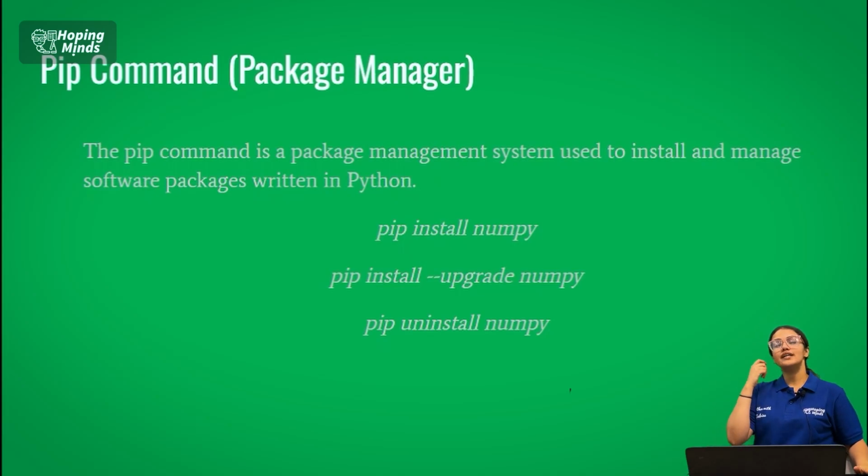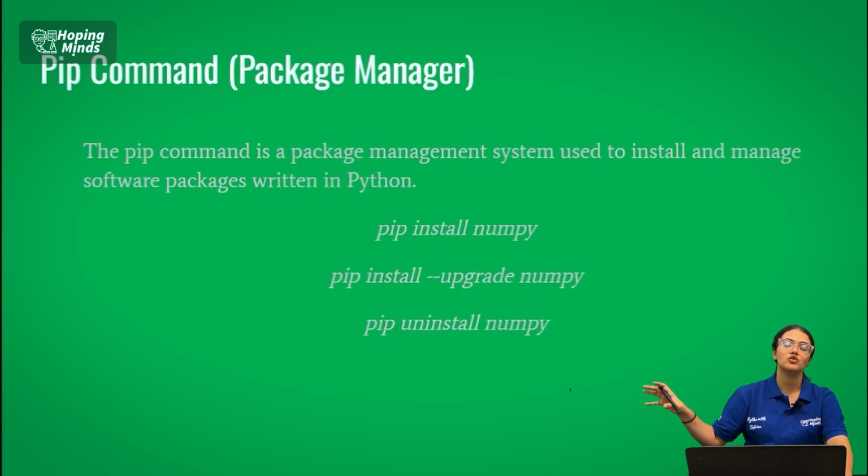So in order to download those packages, how do you do it? There is a very simple command, which is the pip command. I will show you how pip works, but for now let's just focus on the theory. The pip command is a package management system used to install and manage software packages written in Python. Basically, pip is used to manage all the packages. What are the names of those packages?